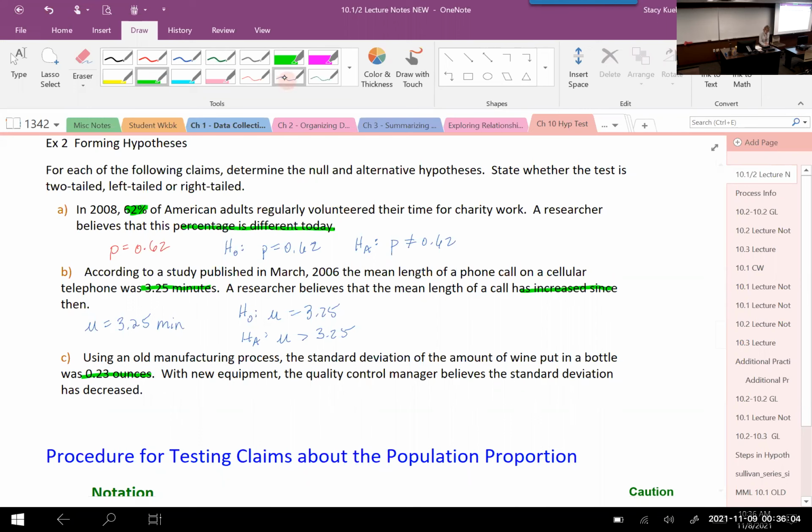Sigma is 0.23 ounces. So the null is what? And what's the alternative? Because it has decreased, right? It is less than 0.23.